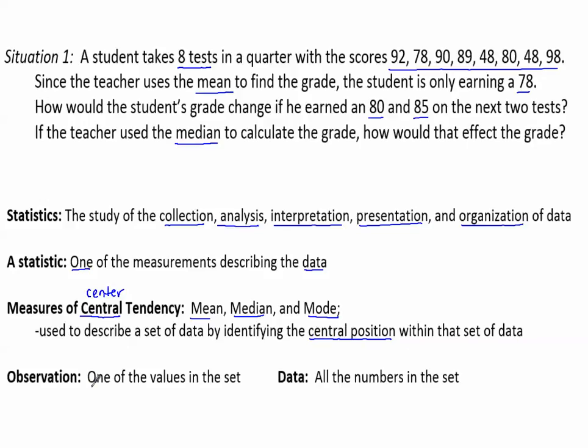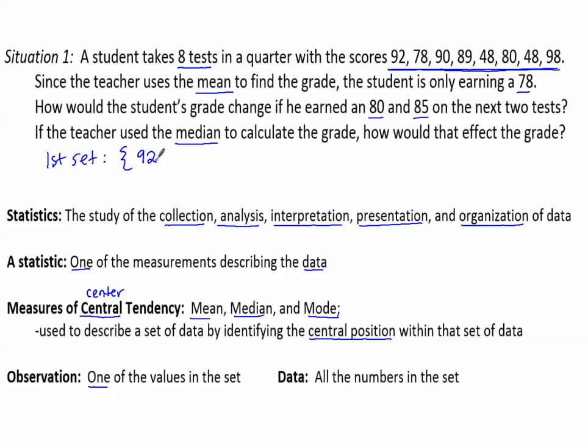An observation is just one of the values in the set. For example, in this first set of data, so let's call it first set, one of the observations is 92.